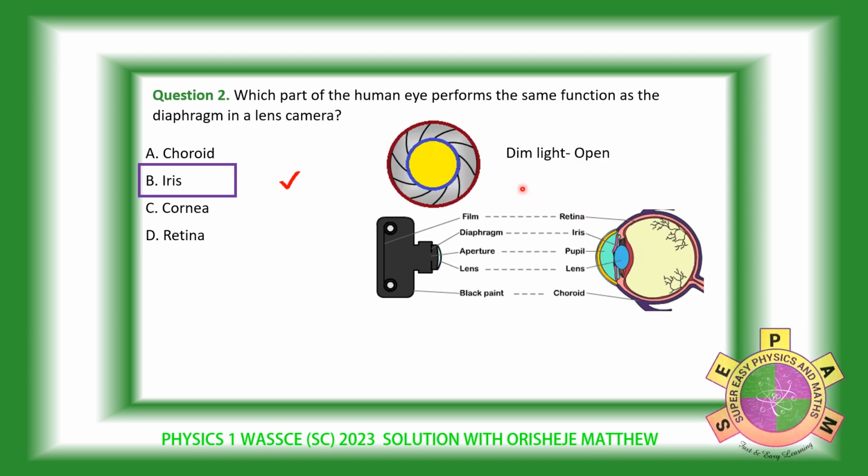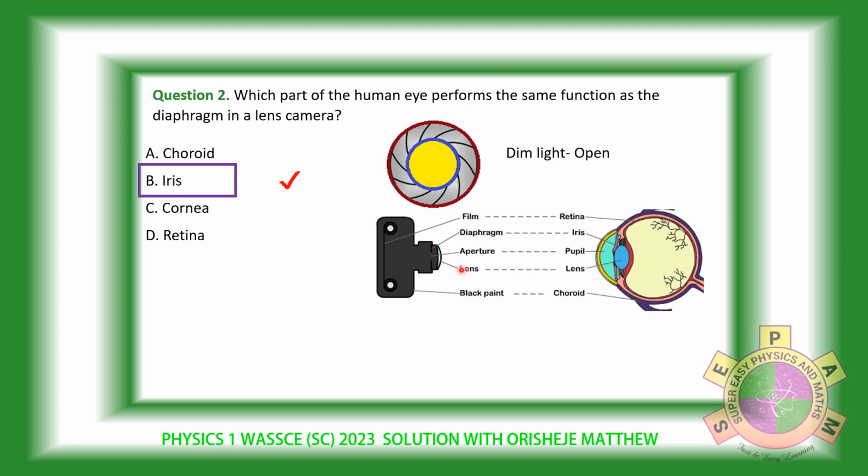So in dim light, the iris is going to contract so that it will open up the pupil for more light to enter. So that's why you have this yellow portion here. This is the amount of light entering in dim light.